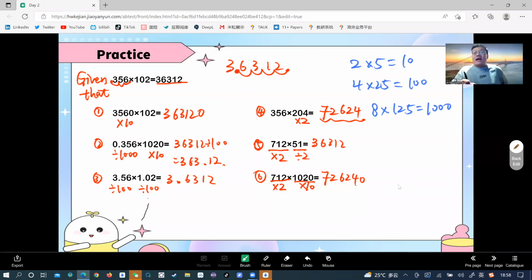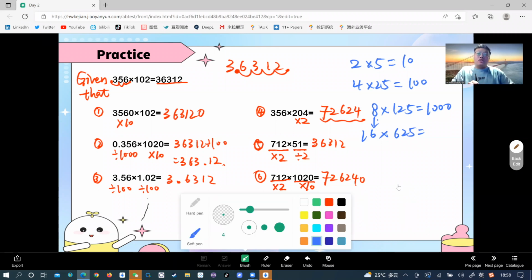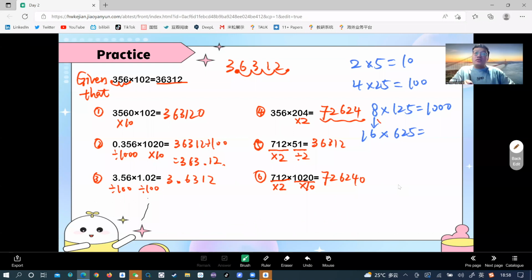Okay, I can give you one more. I never talked about that before yesterday. So what about 16 times 625? Does anyone know that? You just use the knowledge we learned today, okay? So from 8 to 16, what do you do here? You times by 2, right?